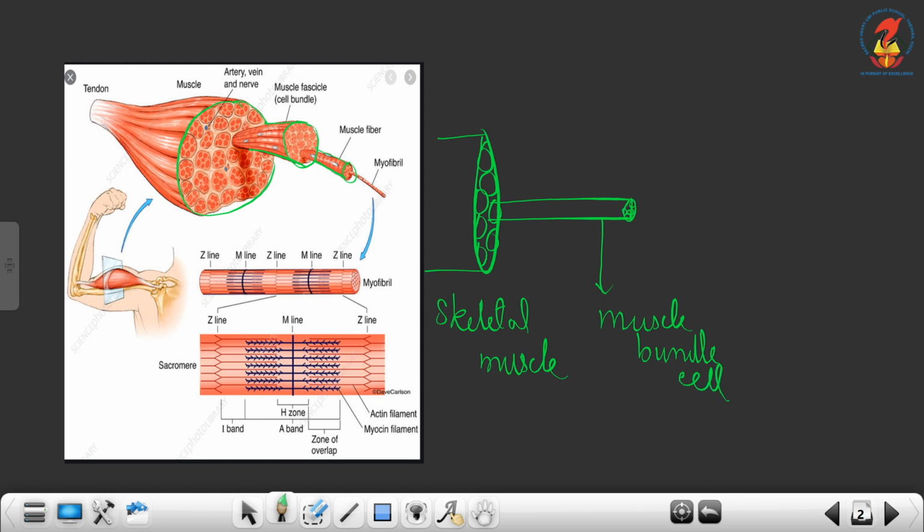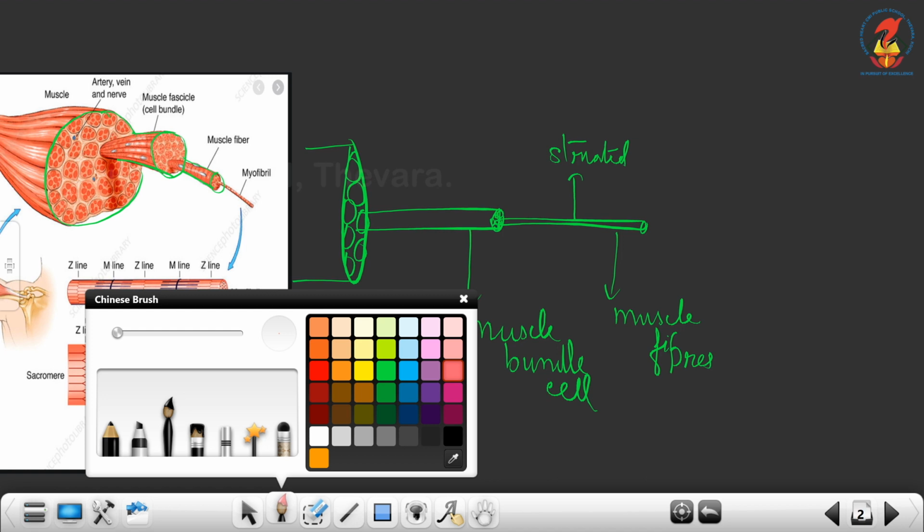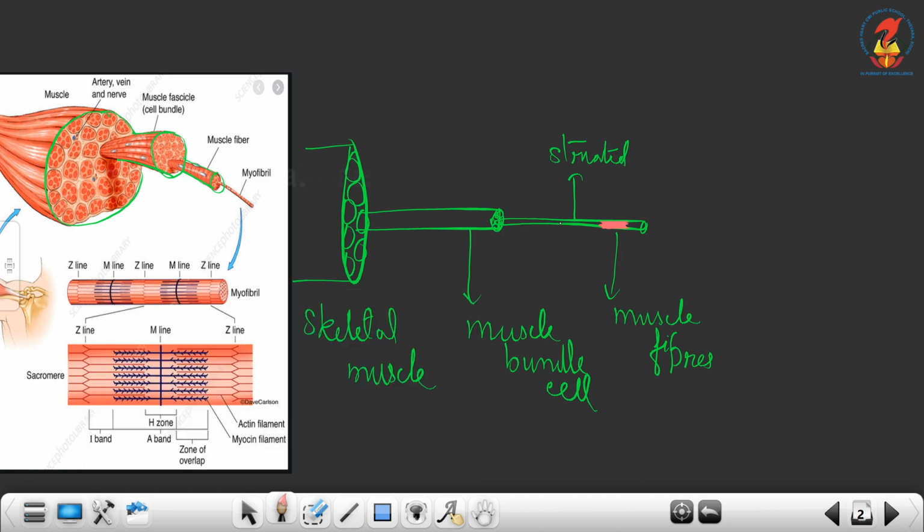And each muscle bundle cell comprises the muscle fibers. And these muscle fibers appear to be striated because they comprise two sets of myofibrils. This is the thick, which I am shading with a dark pink color, and the thin, which I am shading with light pink color.